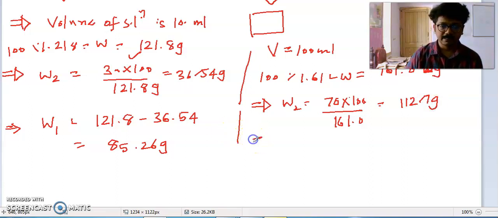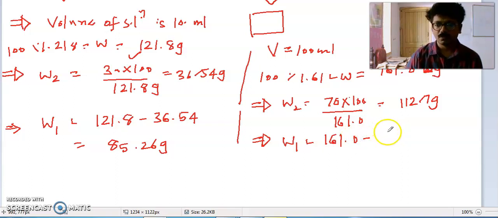Now I can easily find the mass of water, that is W1. The total mass is 161.0 minus 112.7, so I get the answer 48.30.